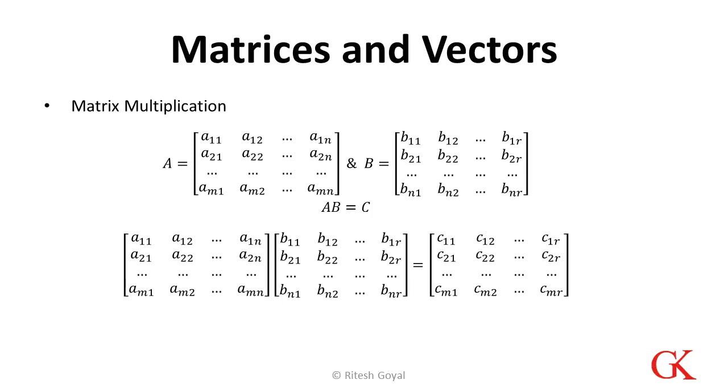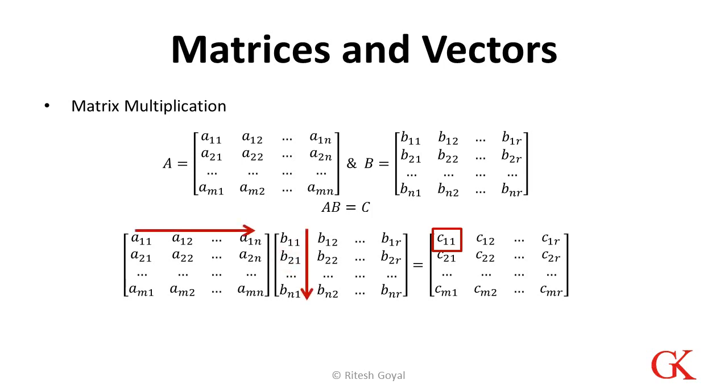Now we will see how each of these elements is being calculated. So let's start with C11. We want to calculate C11. Then how do we do that? We basically take the first element of this and multiply it with this. Then take the second element of the first matrix, first row, multiply it with the second matrix, first column, second element, and add it to the complete addition, and so on.